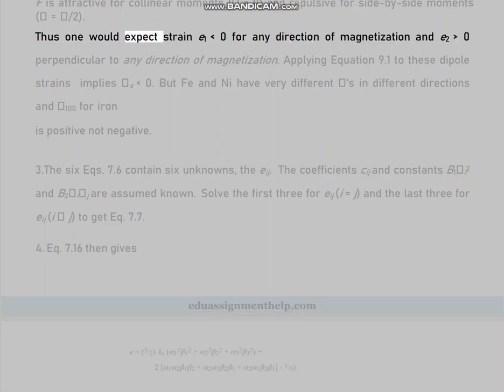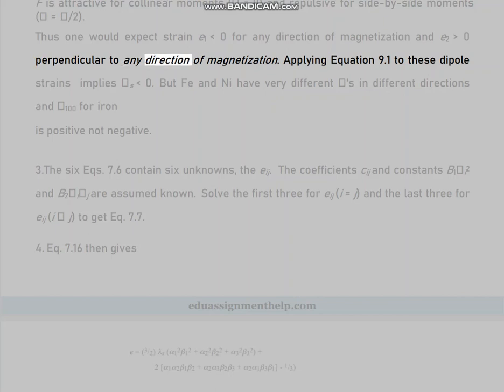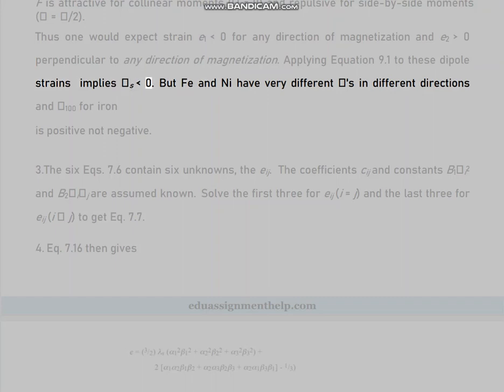Thus one would expect strain ε∥ greater than 0 for any direction of magnetization and ε⊥ less than 0 perpendicular to any direction of magnetization. Applying equation 9.1 to these dipole strains implies λS less than 0. But Fe and Ni have very different λ in different directions and λ100 for iron is positive, not negative.